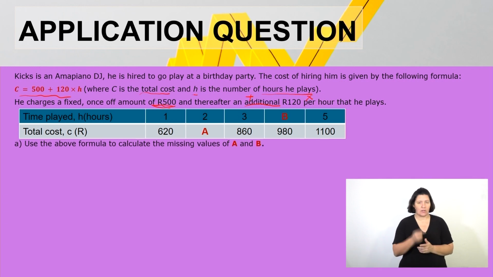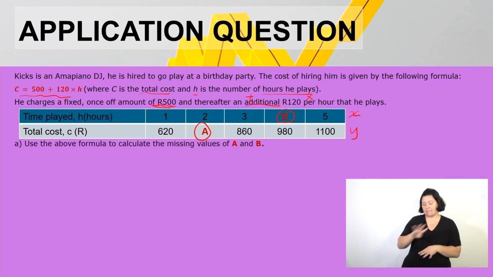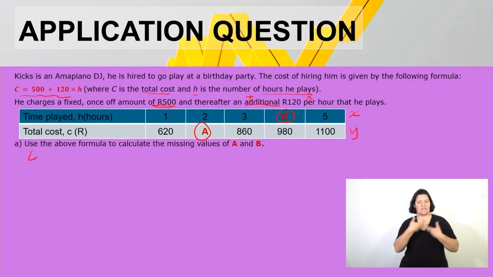So there is our table. We know x-axis independent and dependent. Two missing values. Use the formula above to calculate the missing values A and B. The nicest thing about this question is that the formula has already been constructed for us, so we're not going to make mistakes.